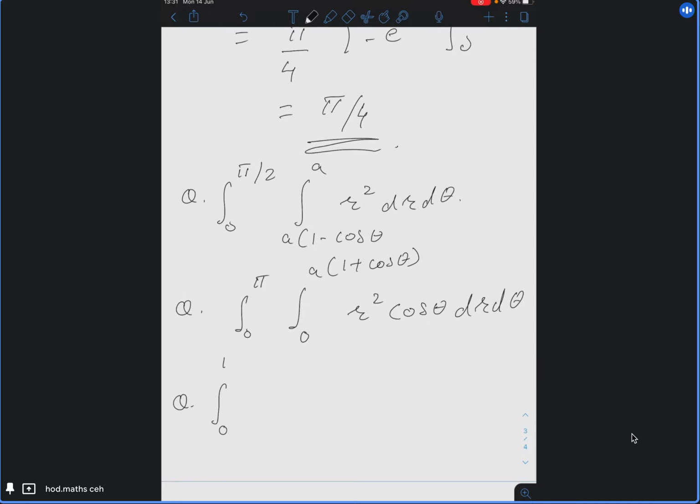Integral 0 to pi by 4, integral 0 to a sin theta, r dr d theta by root over of a square minus r square. The function here is r by root over of a square minus r square.